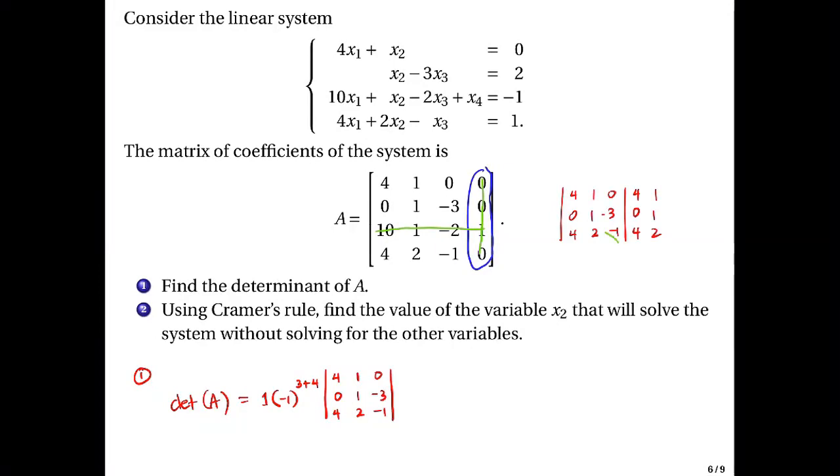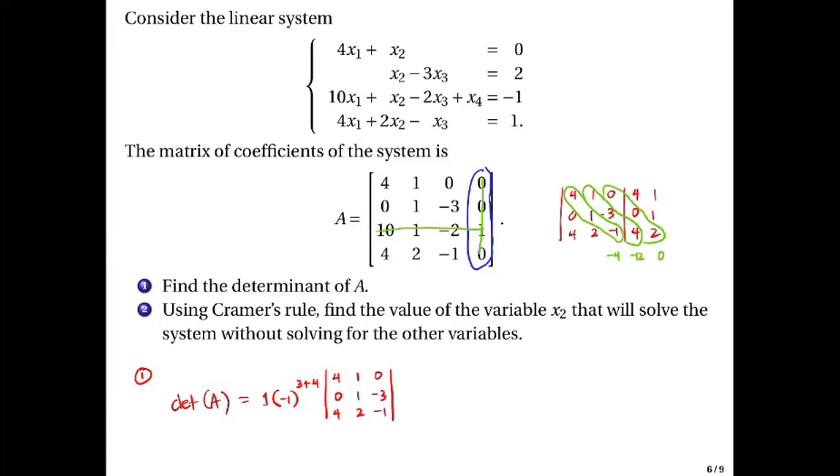Going down, we have negative 4, negative 12, and 0.